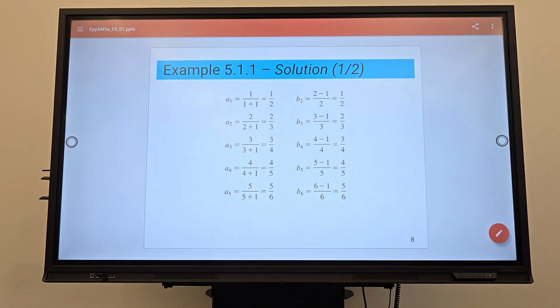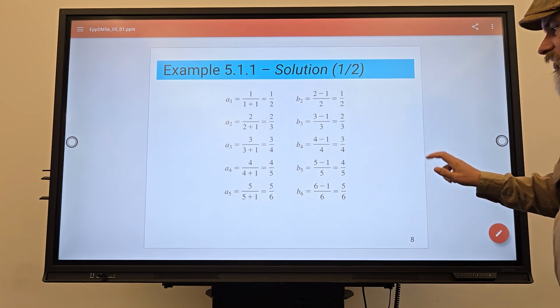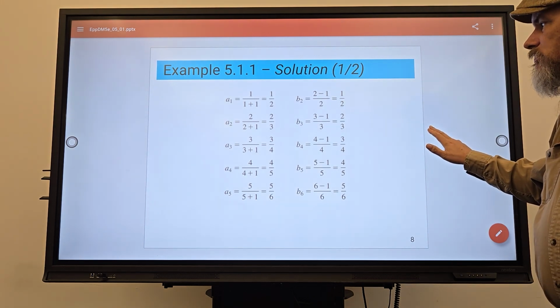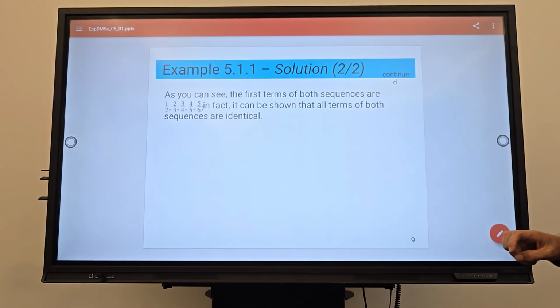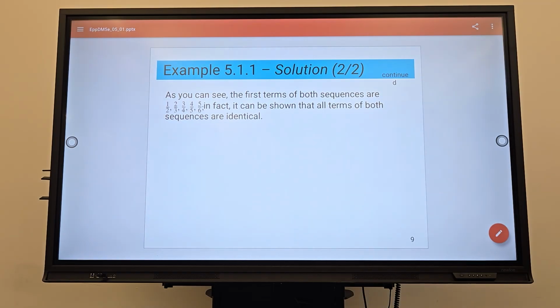So it would appear that both sequences define the same set of numbers. As you can see, the first terms of both sequences are those fractions, and it can be shown that all terms of both sequences are identical.